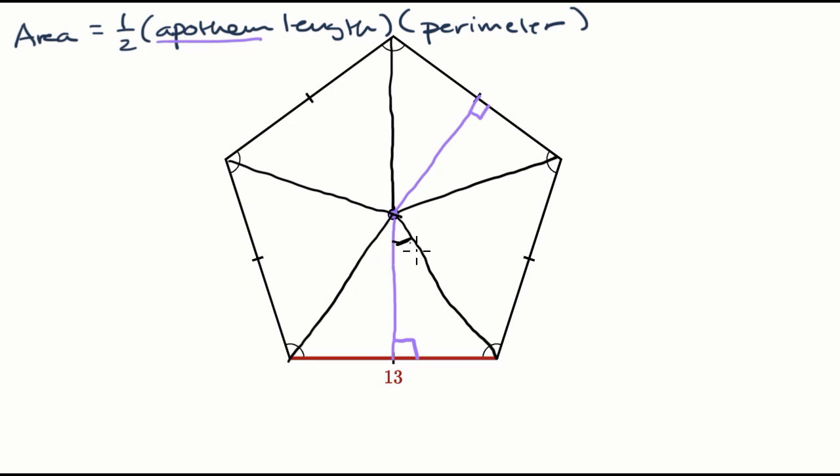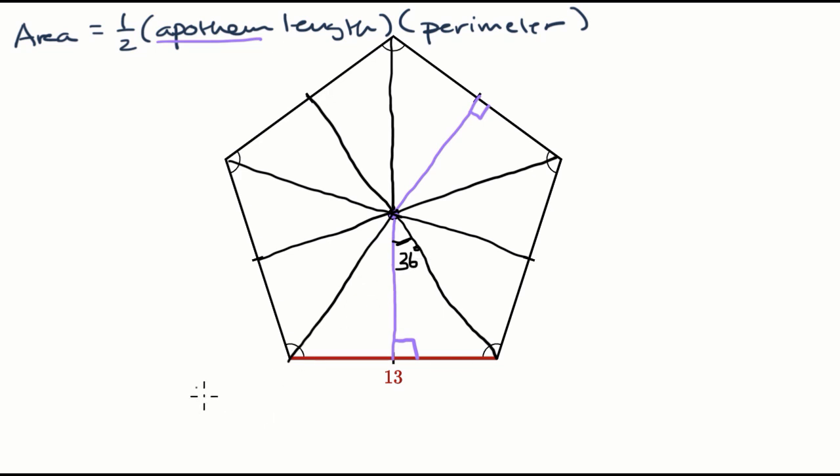Well, that is 1/10 of the way around. Let's draw some apothems on all of these triangles here. And you can see that there's 1, 2, 3, 4, 5, 6, 7, 8, 9, 10 equal sections that we are divided into. So the angle is going to be divided into 10. So 1/10 of that 360 degrees is going to be a 36-degree angle.